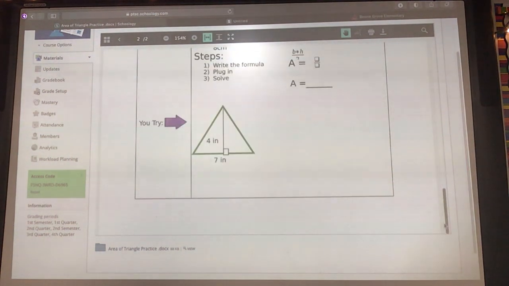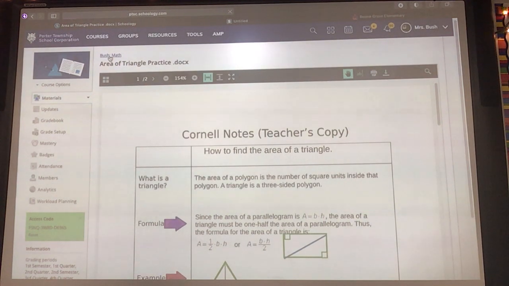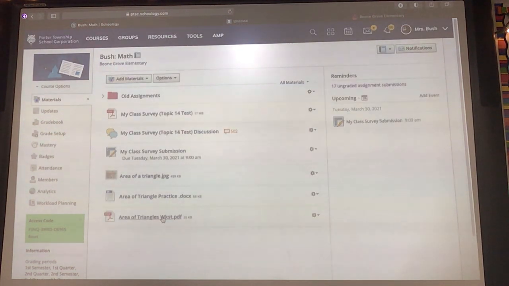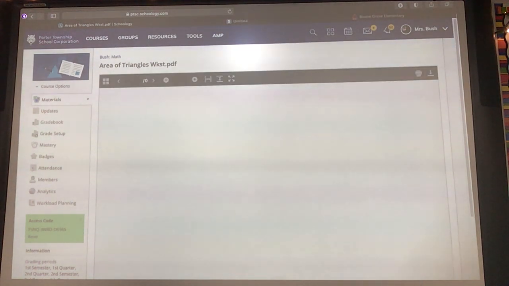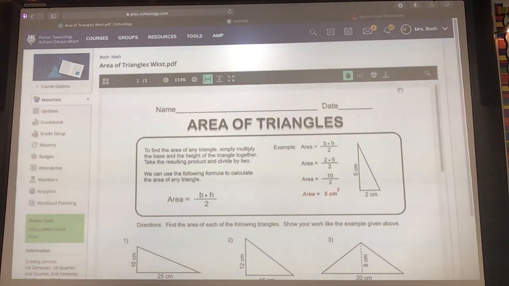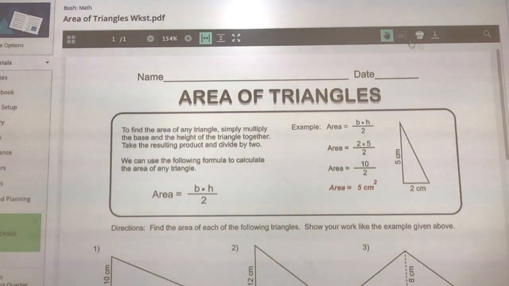Alright, let's practice some more together. And then I'm going to give you guys your homework. Alright, our last one there that I've posted on Schoology is our practice that we're going to do together. It is a worksheet. I like this worksheet because at the very top, it gives us a nice example. Actually, I'm going to open this.